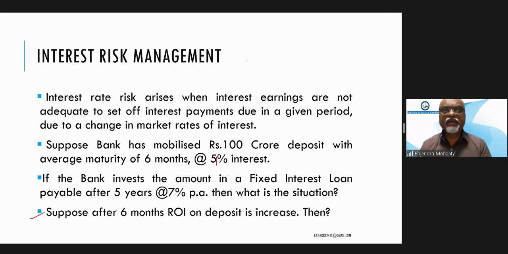So basically whenever the deposit interest rate rises, only then will we face an interest risk. That means our NII is going to go down at that time. Here the 7% earning is fixed.